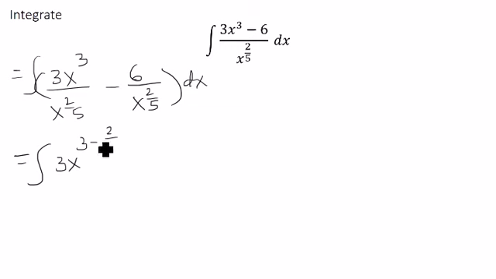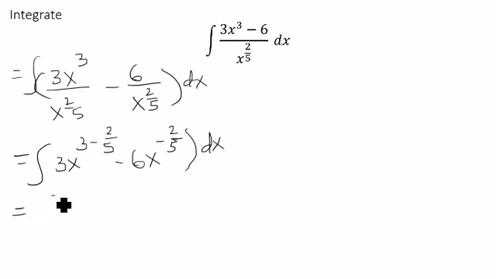You can move the power to the top, minus 6x to the power negative 2 over 5. The negative is there when you move the variable to the top, and then dx. We haven't integrated this thing yet. We're just doing the algebra part for now.